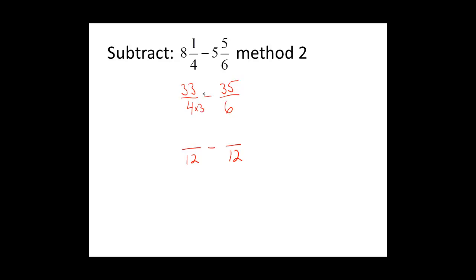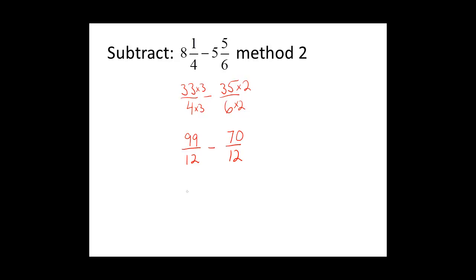So we need to multiply the numerator by 3. 33 times 3 is 99. We multiplied 6 by 2 to get 12, so we need to multiply the numerator by 2. 35 times 2 is equal to 70.